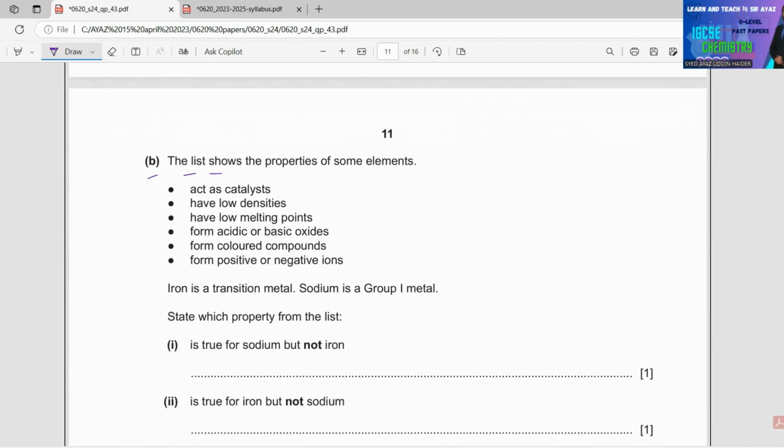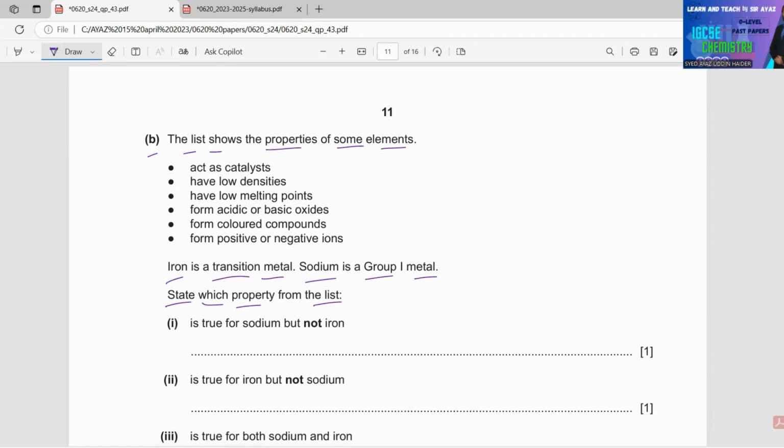Part B. The list shows the properties of some elements: act as catalysts, have low densities, have low melting points, form acidic or basic oxides, form colored compounds, form positive or negative ions. Iron is a transition metal. Sodium is a group 1 metal. State which property from the list number 1 is true for sodium but not iron.